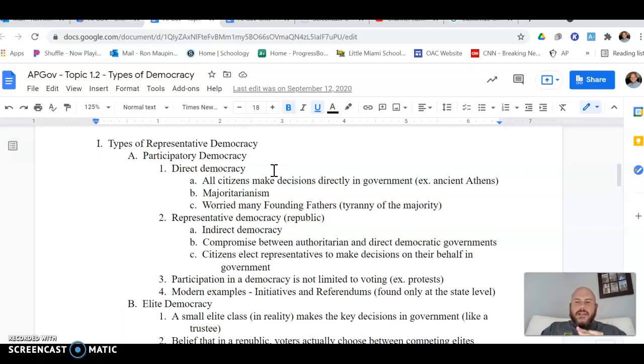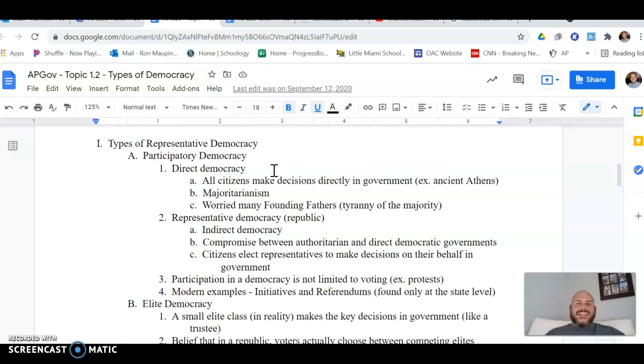Now, republics date back to ancient Rome. A republic differs from a direct democracy in that, whereas a direct democracy once again has all the citizens making all the decisions of government, in a republic, it is the citizens that choose representatives amongst themselves to make the decisions for the nation or the society as a whole.